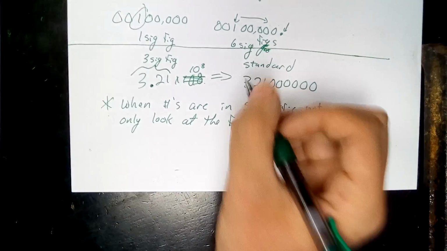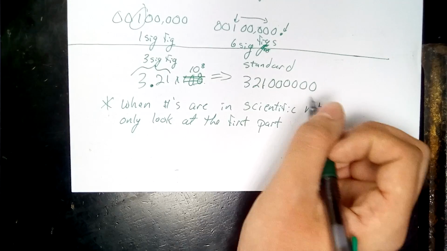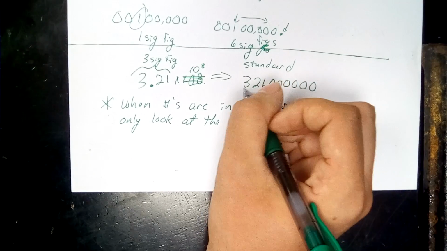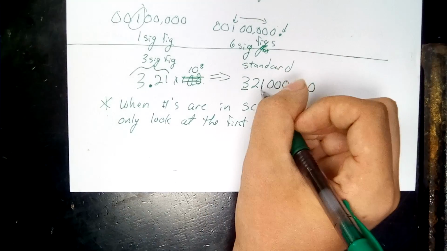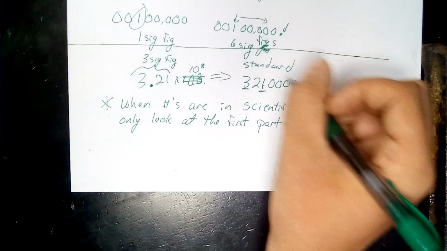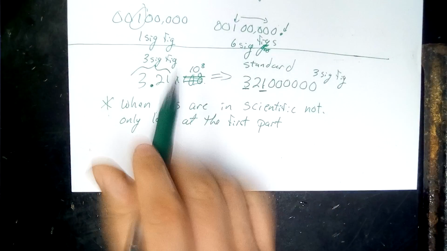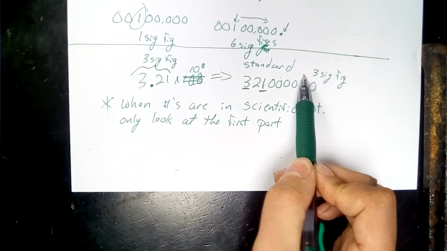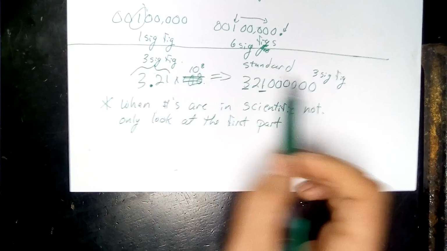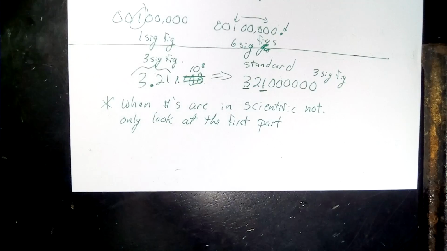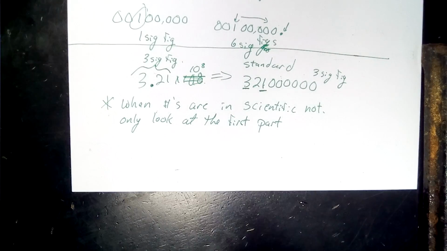If we look at this one, we start counting, since there's no decimal point in this now, at the first non-zero and at the last, so we still only have 3 sig figs. When you change numbers from scientific to standard or from standard to scientific, you do need to keep them the same number of sig figs.